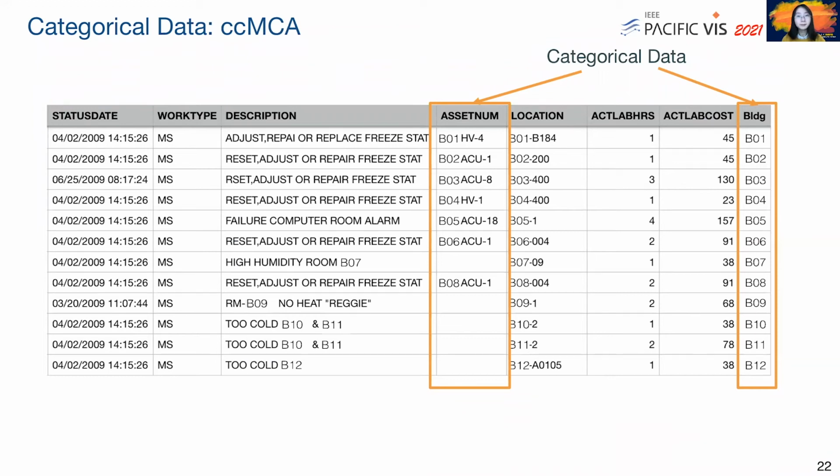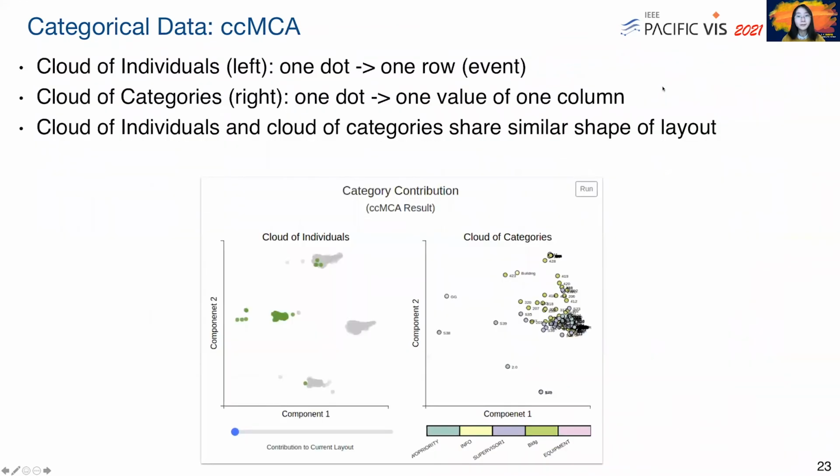Finally, let's have a look at the categorical data. For categorical data, we developed a new contrastive learning method called CCMCA for it, namely contrasting cluster in multiple correspondence analysis. It is capable of effectively highlighting the unique features of a cluster and producing a new projection best separating the data objects from this cluster against the others.